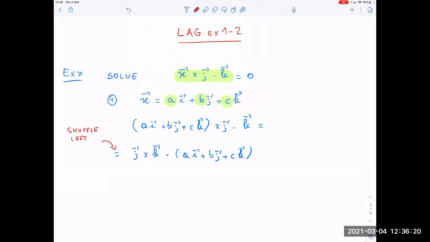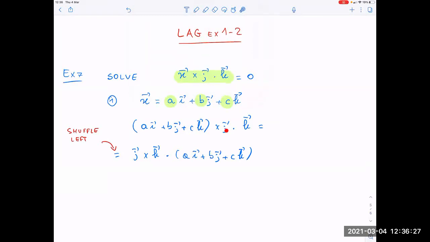So I move everything to the left. So you see this one goes first position, this goes second position, this goes out, and so comes back from the third position. So we don't need to compute the big cross product, just one.